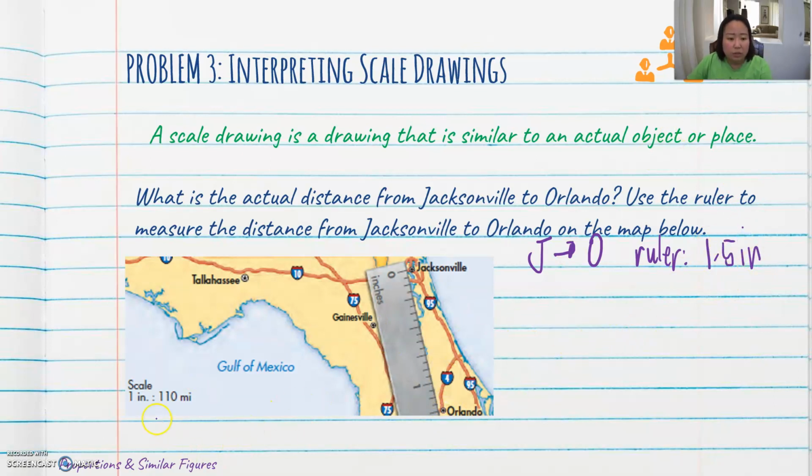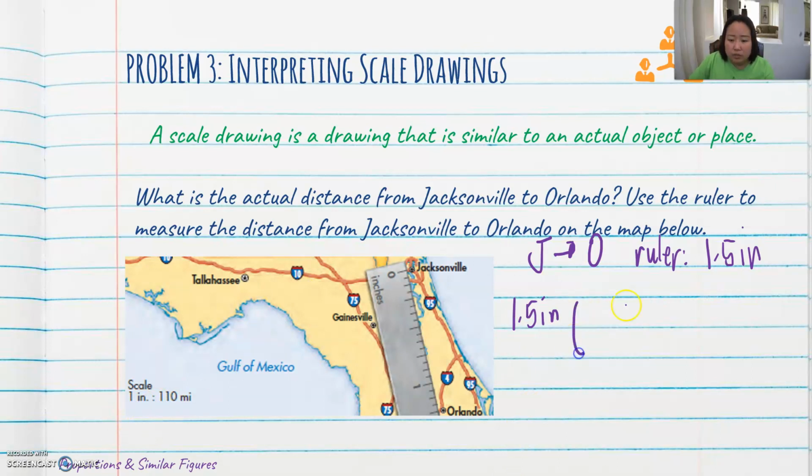Now, according to the scale, 1 inch is 110 miles. So what we can do here is use our scale for converting units, okay? Since we are given 1.5 inches, we can use a conversion factor, and what will be our conversion factor? We can use the scale factor here.